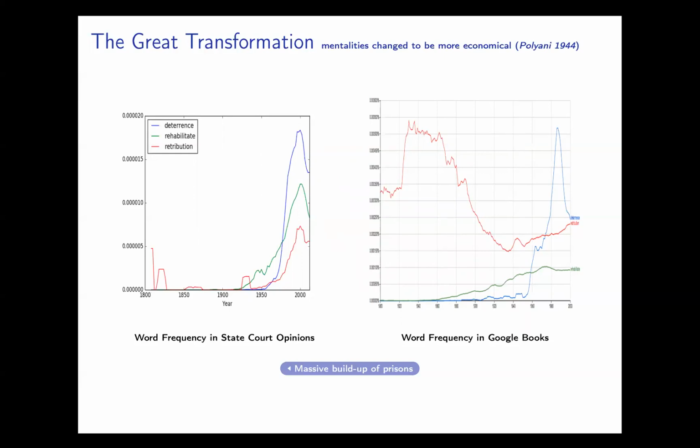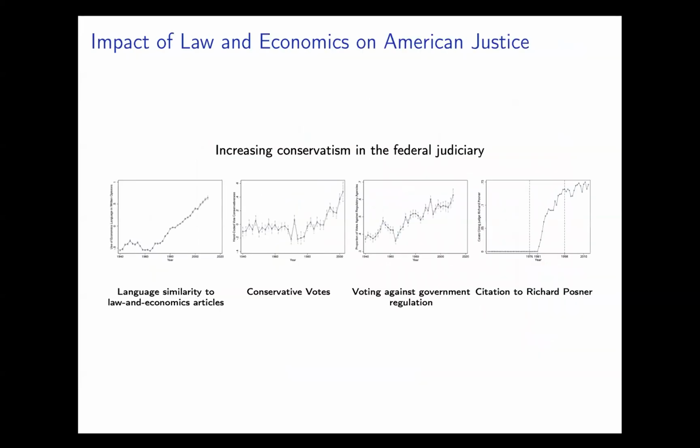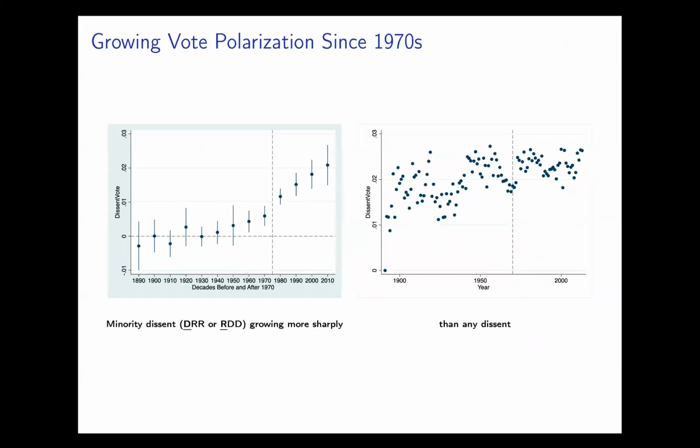And we can see a corresponding uptake in the federal judiciary, language similarity to law and economics articles, conservative votes, voting against government regulation, and citations to Richard Posner. And at the same time, an increasing polarization since the 1970s, voting along party lines relative to any dissent.